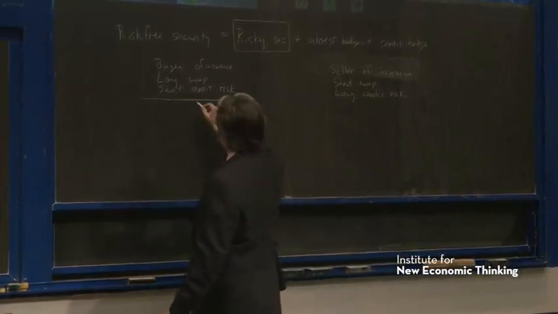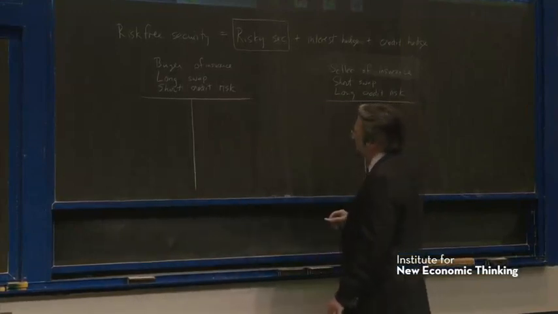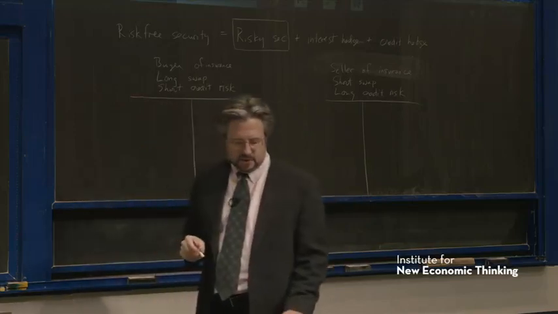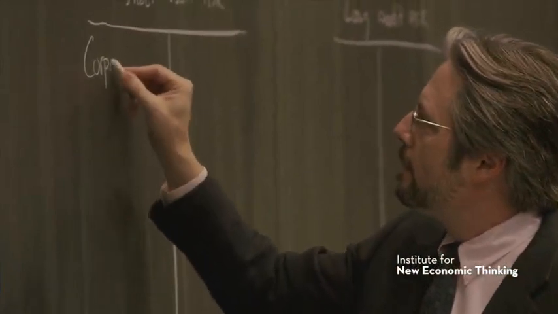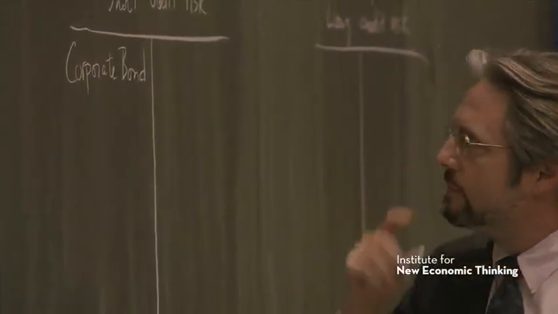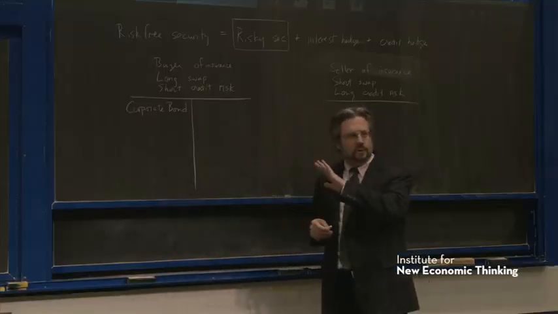right now. So the balance sheet structure, think about this person as somebody who owns a corporate bond, a risky corporate bond. Okay. That's before we do any swaps or anything like that.